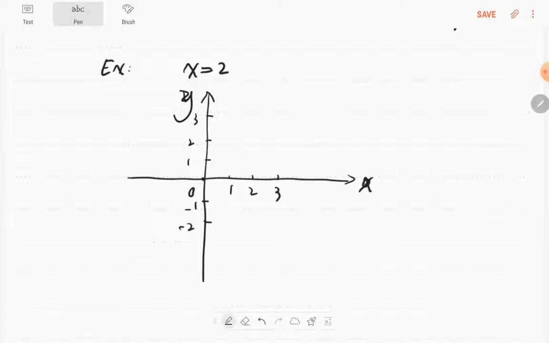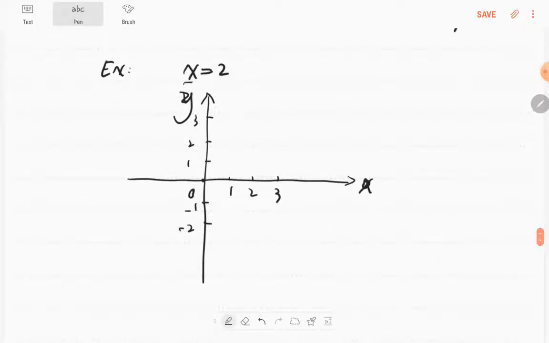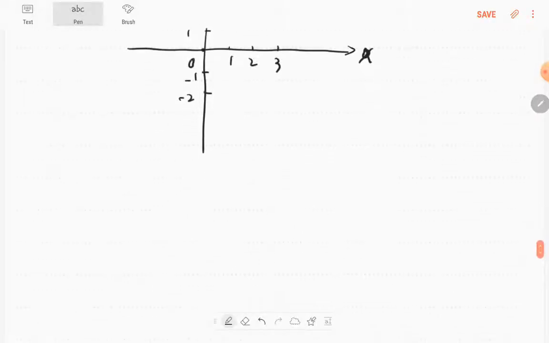How can we graph x equal to 2? For this equation, we already know x is a fixed value. No matter what the value of y is, x is always 2. So we can still find some points to help us draw it.